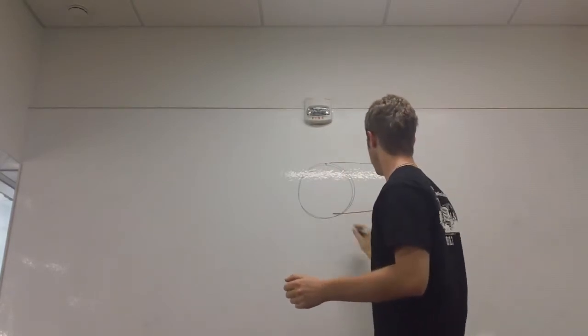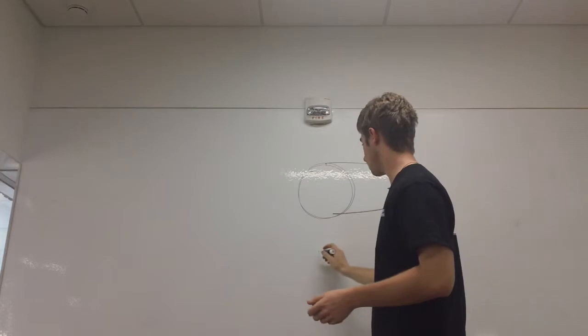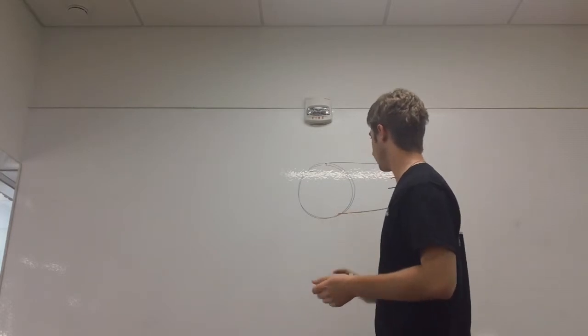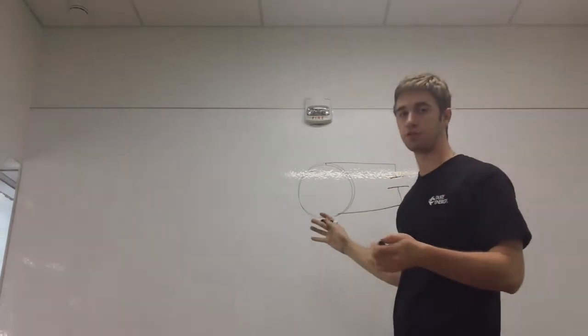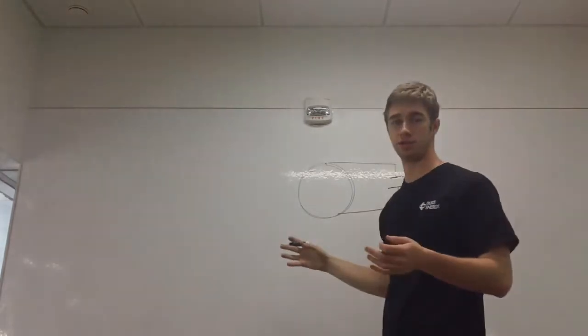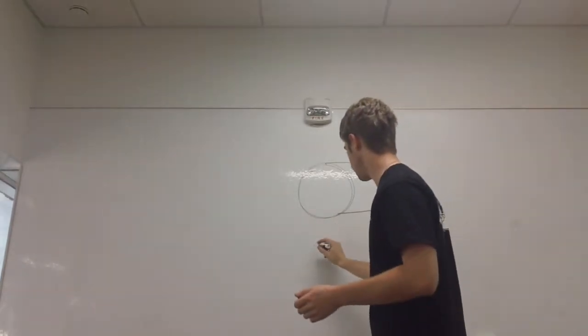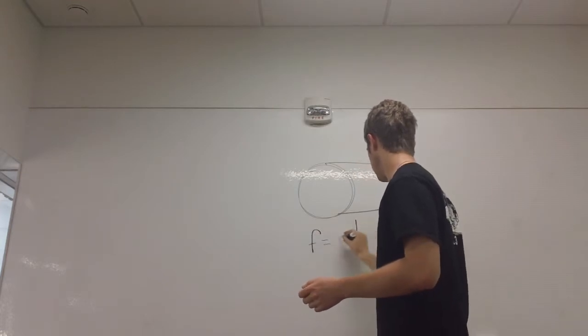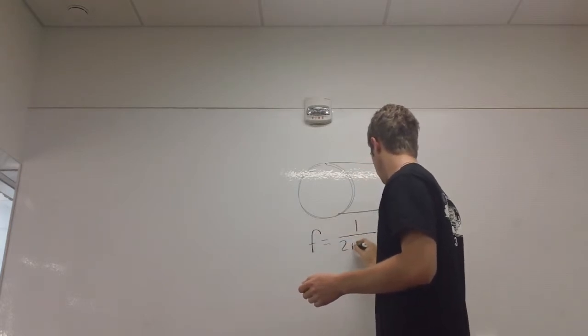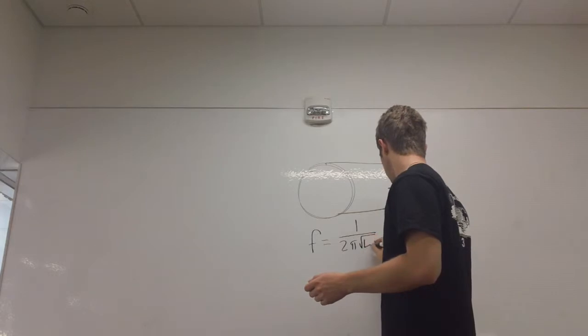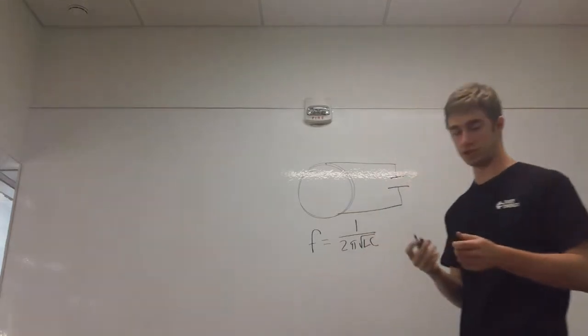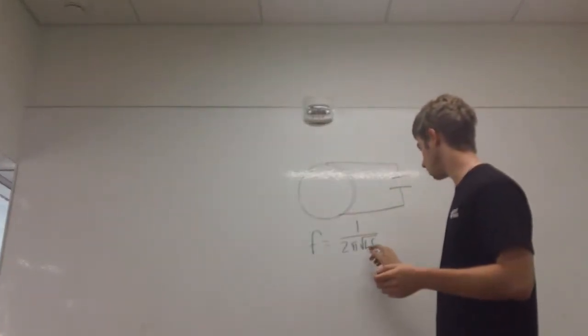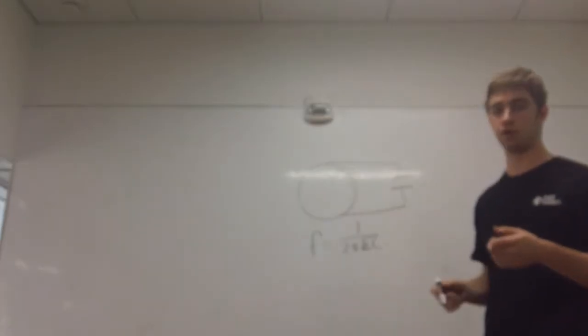From Kirchhoff's voltage law, we know we can derive it and find that this circuit has a natural frequency or a resonance. Okay? And this resonance, or this frequency, can be calculated using this equation. We're going to use this equation to determine the inductance of the coil underneath the road.